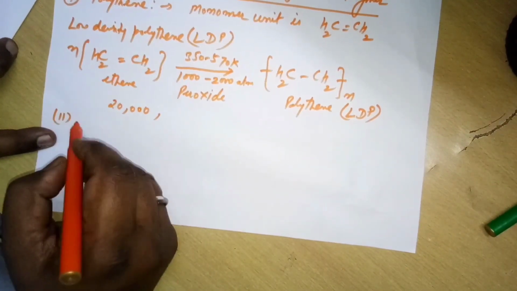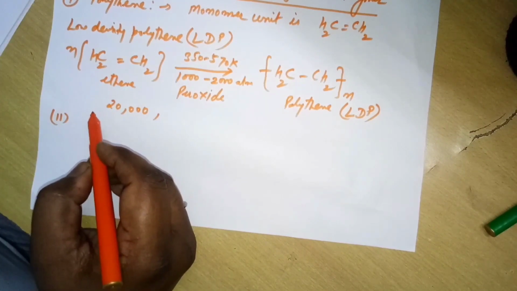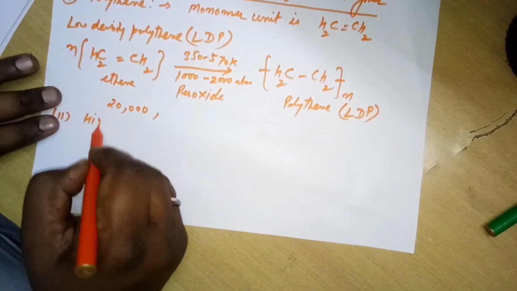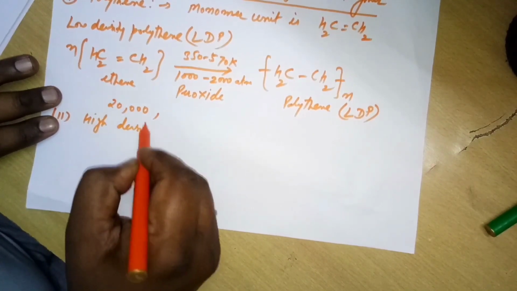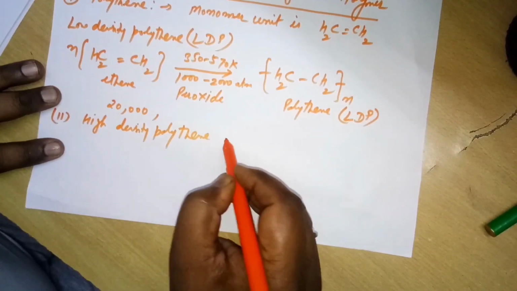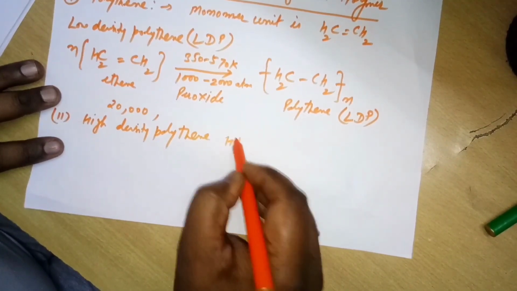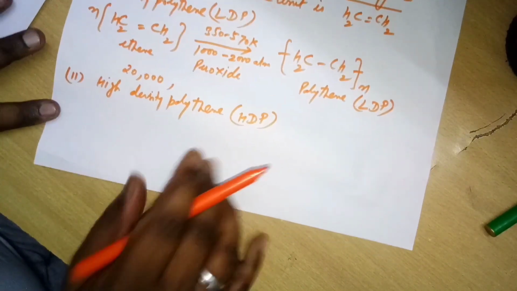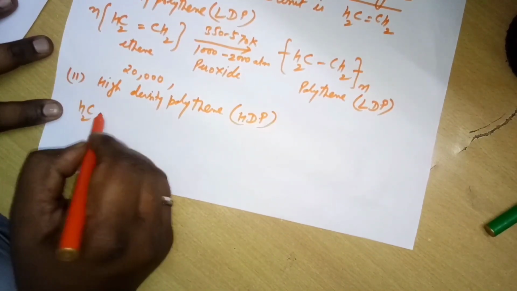Second type of polythene is high density polythene. In this polymerization, the monomer unit is again ethene.